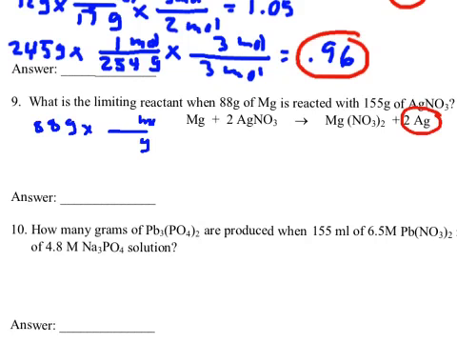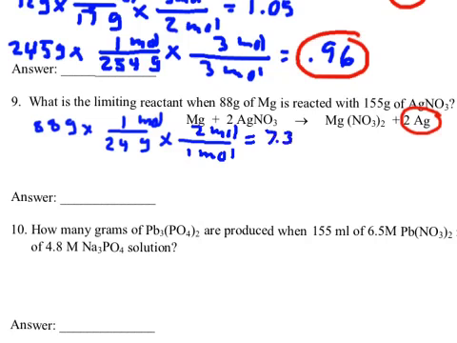Put moles up above. 1 mole of magnesium, let's look in the front, that's 24 grams. Now I have to add the step where I say it takes 1 mole of magnesium to make 2 moles of silver. 1 mole of magnesium makes 2 moles silver. And when I run that through, I'll get 7.3 moles.